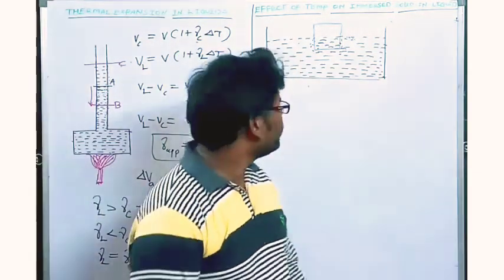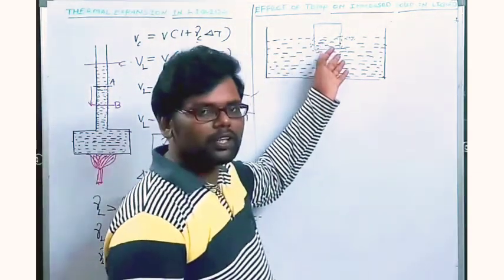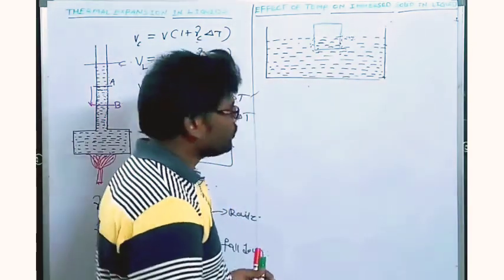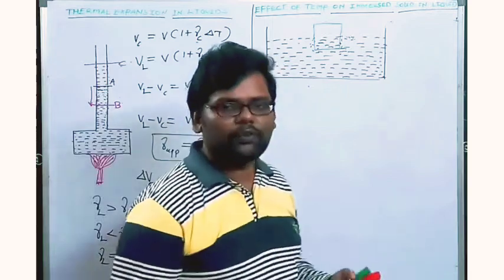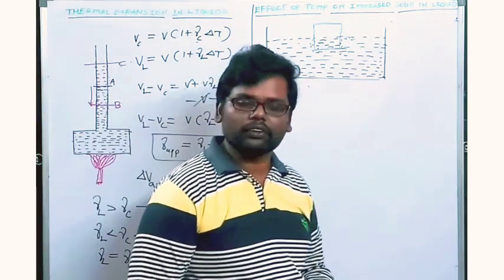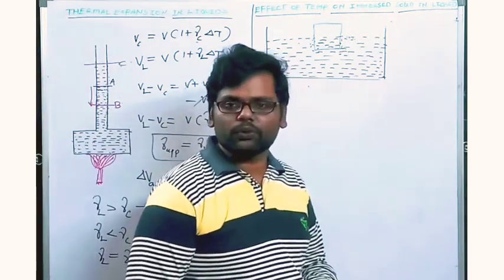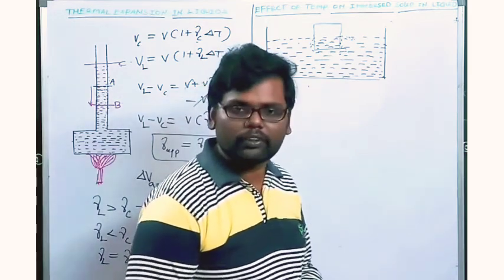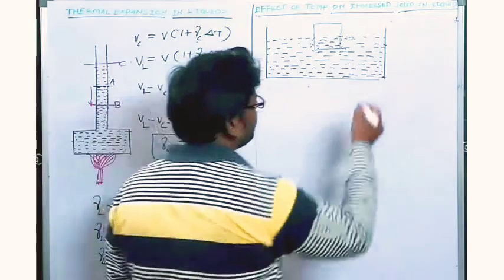Here the body is immersed in a liquid partially. Now according to the law of flotation, the weight of the total body is equal to the upthrust force from the liquid.